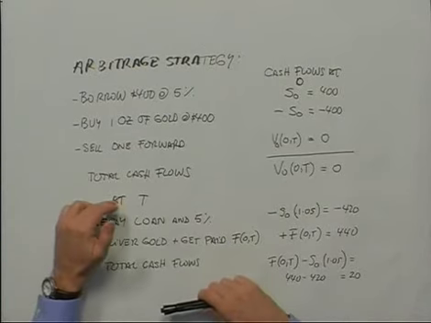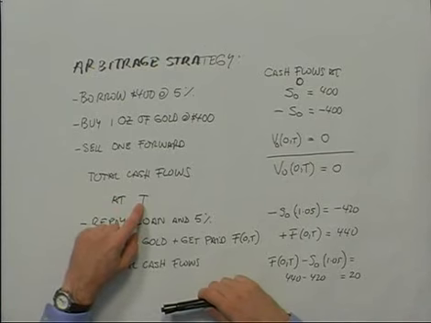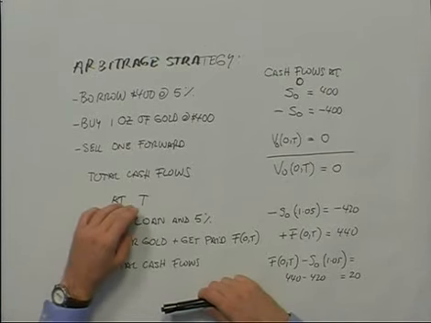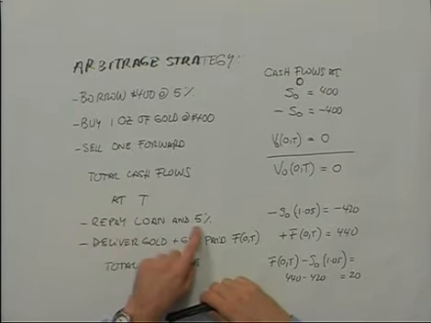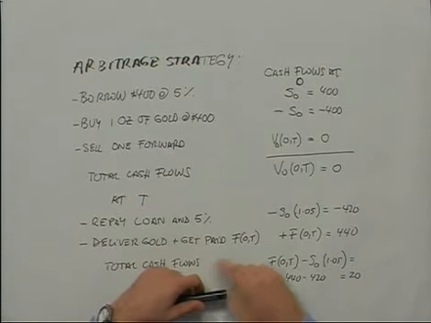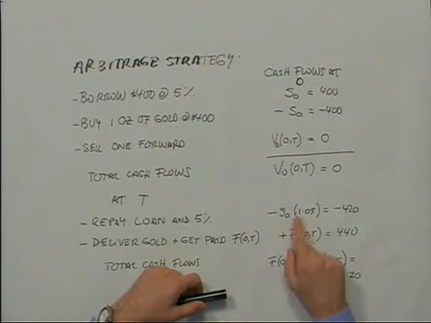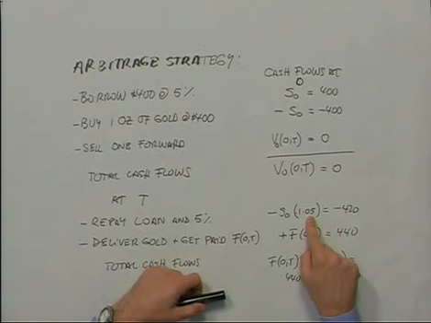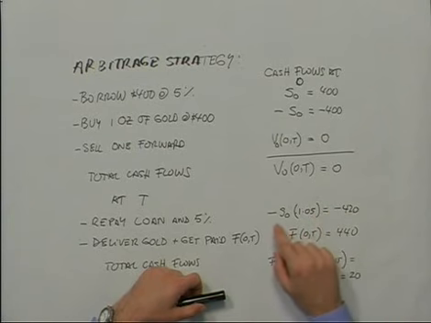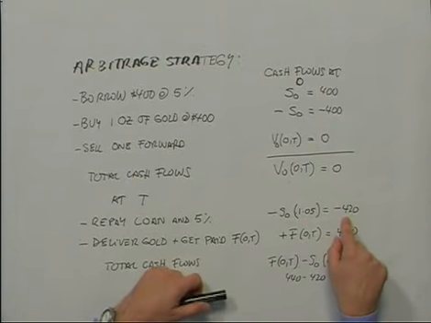Now, at the expiration of the contract, cap T, what do we do? Well, we repay the loan and the 5% interest, and that is a negative cash flow of $420. 400 times 1.05. The .05 is basically the interest you pay per year, or $20. So the total outflow from repaying the loan is $420.